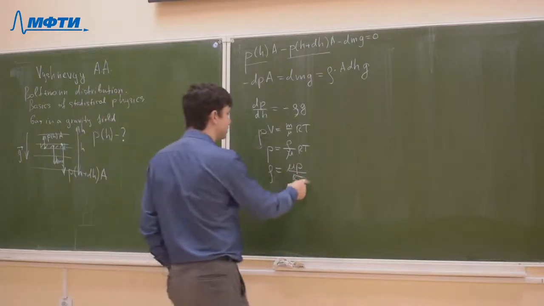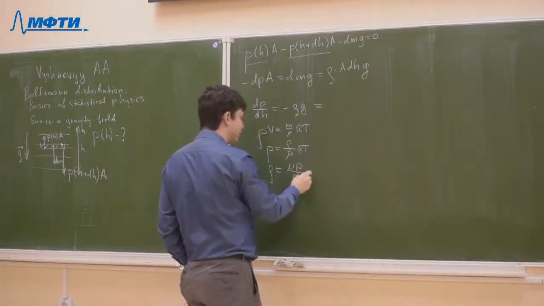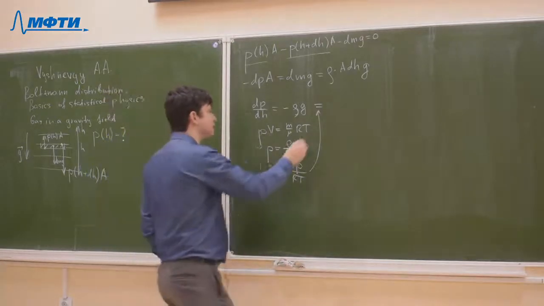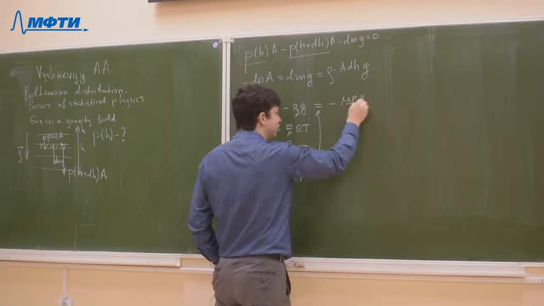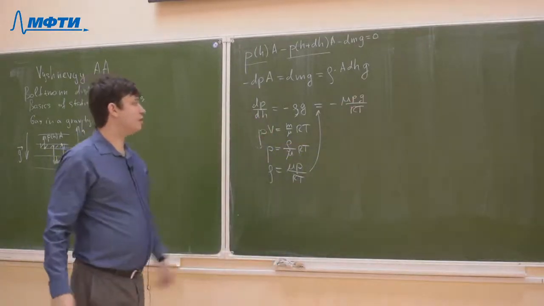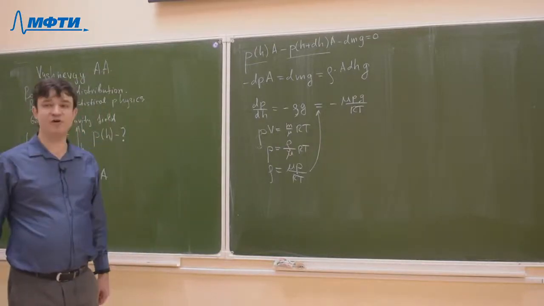After that, I make a substitution in the initial equation, so I substitute it here and get minus mu p g over RT. And then I have a simple differential equation which can be solved by means of variable separation.